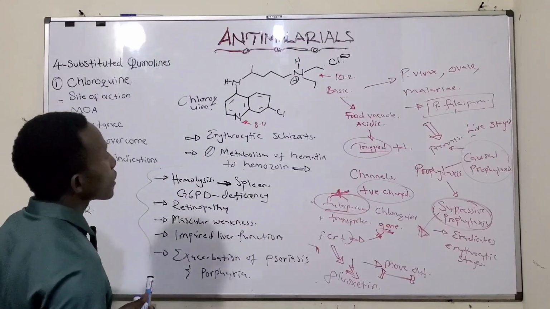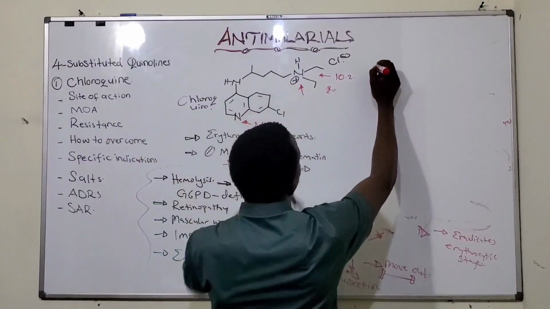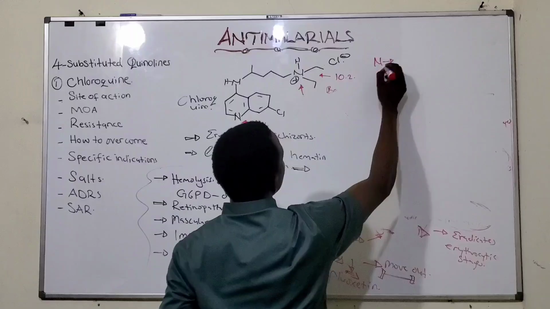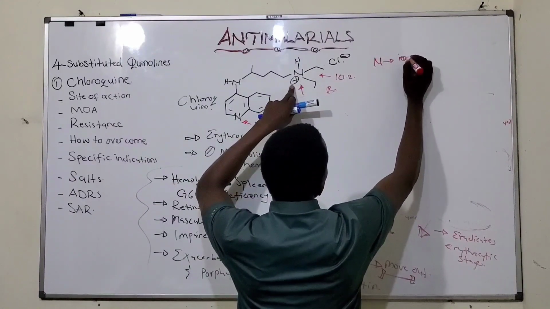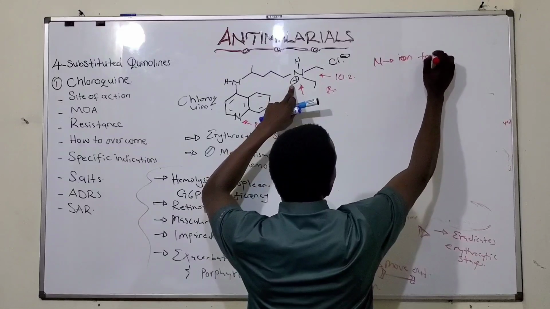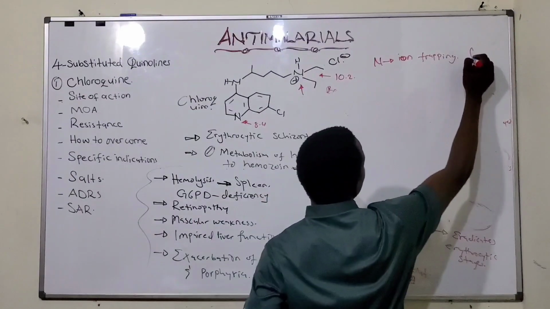When it comes to the SAR, this nitrogen of the alkyl chain is for ion trapping into the food vacuole.